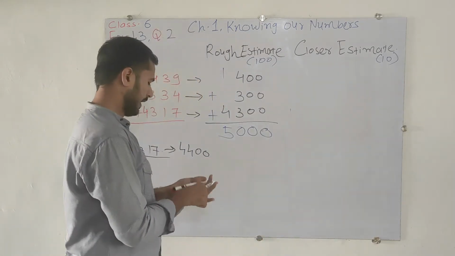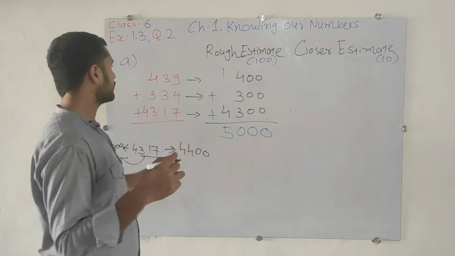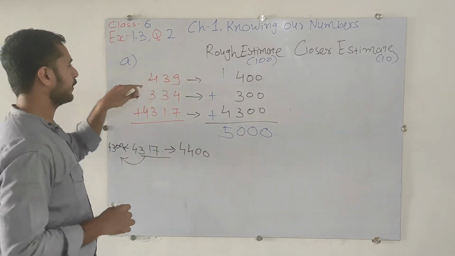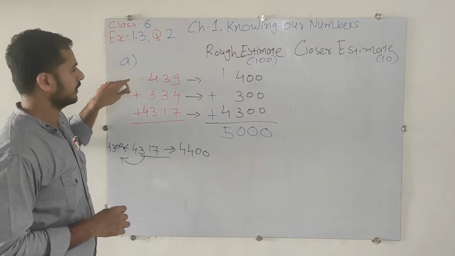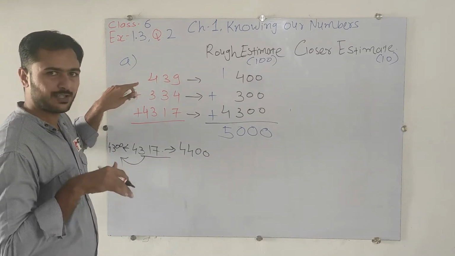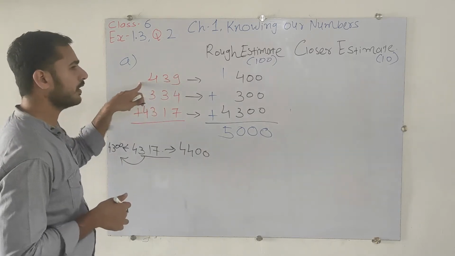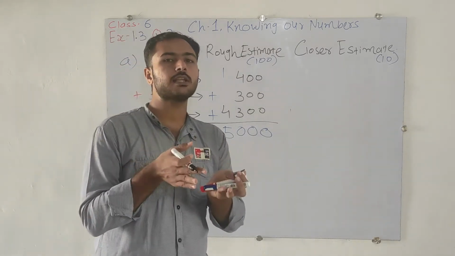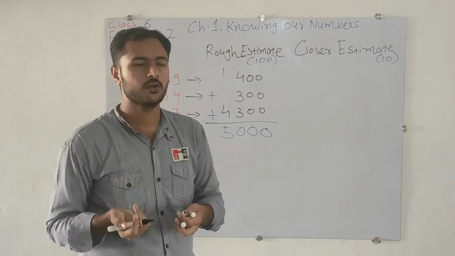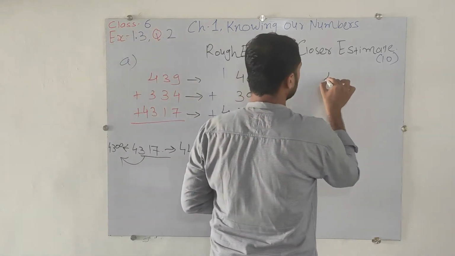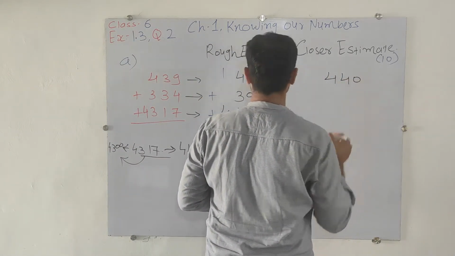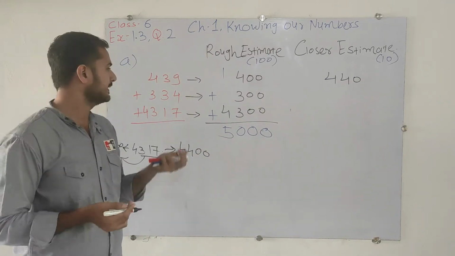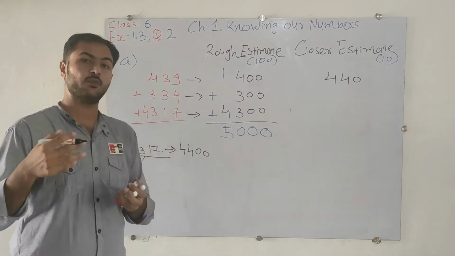So again, how will we do it? First of all, I will write down the estimation for 439. That will be the approximate value to the nearest 10. Here 439 is nearby to 430 or 440. It is 440, so we will write 440. Now the next is 334, which is nearby to 330 or 340.